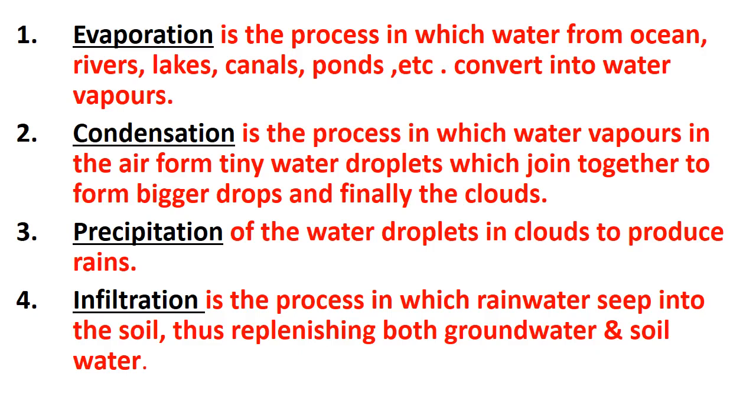Infiltration is the process in which rainwater seeps into the soil, thus replenishing both groundwater and soil water. So this was the answer of the question, write a short note on water cycle. You will have to explain in detail. Do not write in brief.